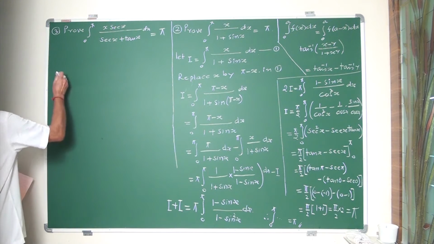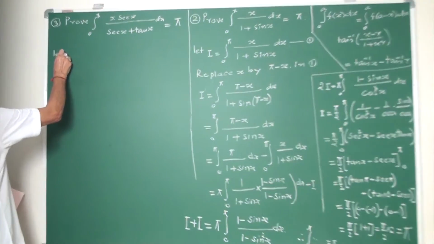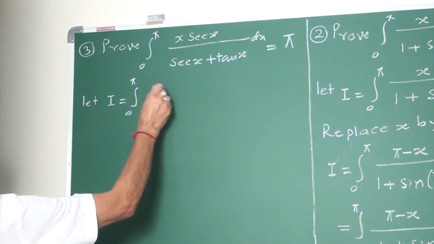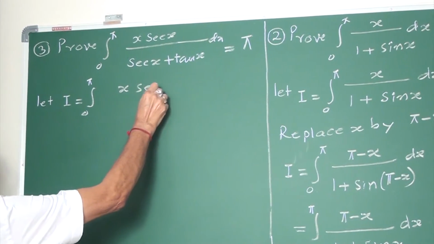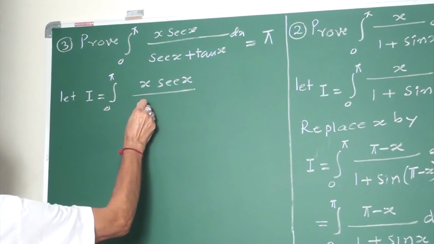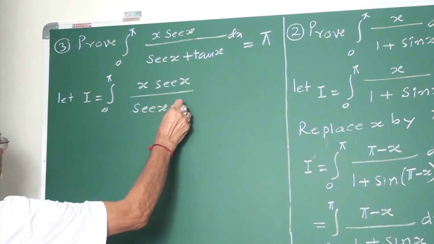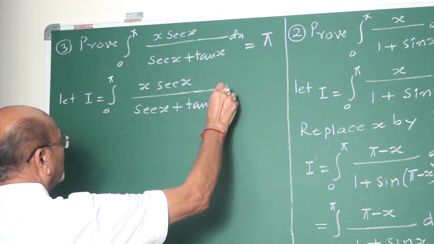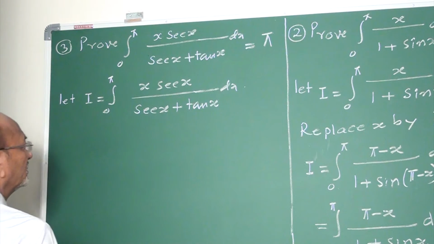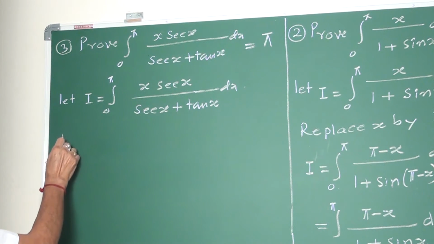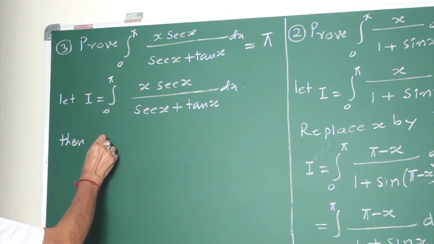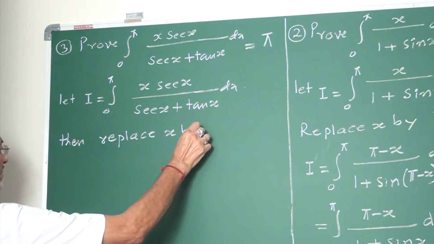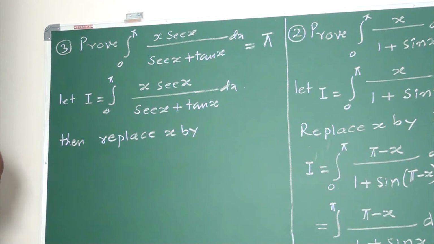Yes, friends, let I equal integral 0 to pi x sec x upon sec x plus tan x dx. This is I. Then replace your x by pi minus x.